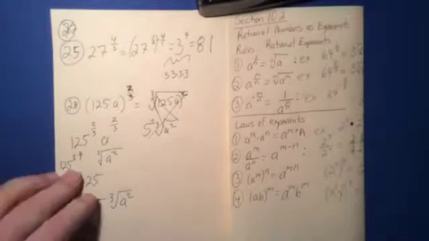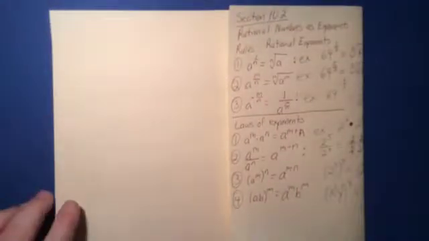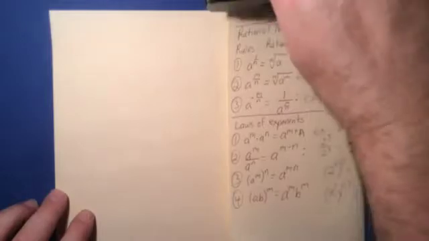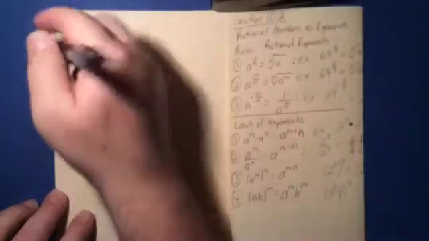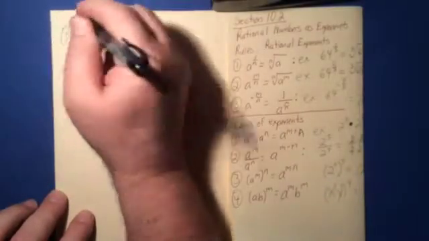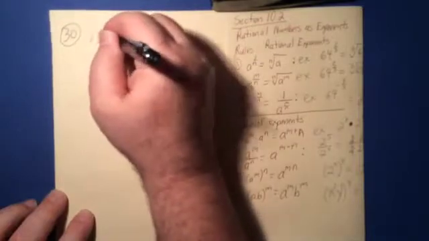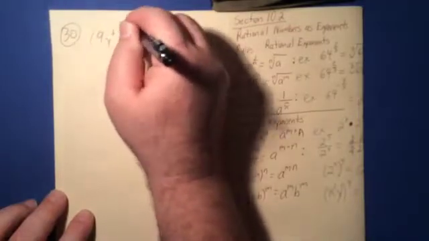We'll do one more and see if we can clean up the presentation a little bit. Let's go now to question number 30. I'm going to use this stapler here to keep the weight down. Question 30 is going to be 9y to the 6 to the 3/2.